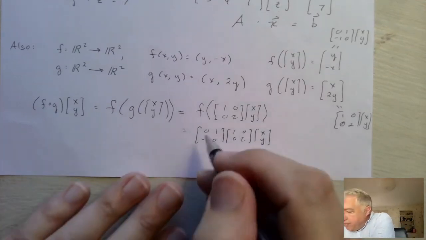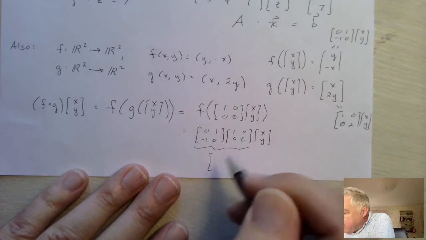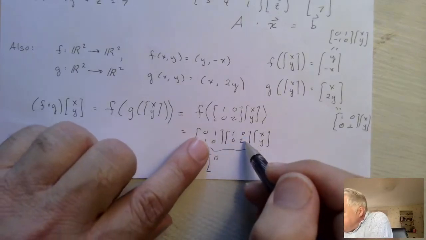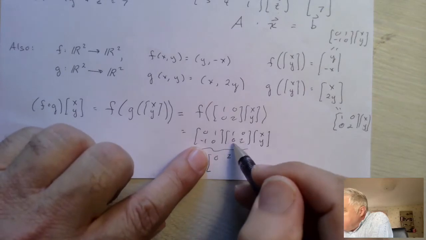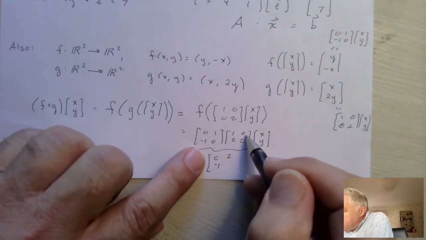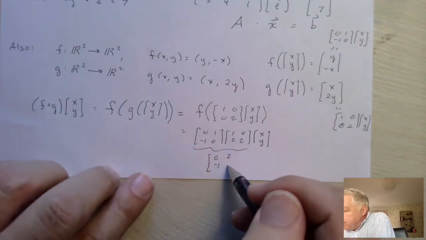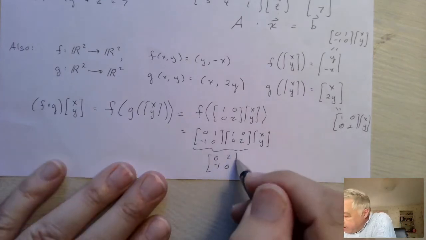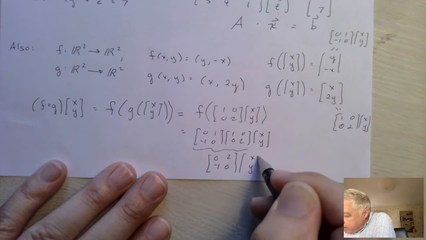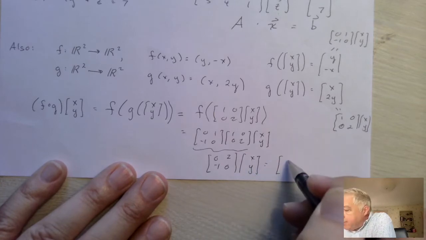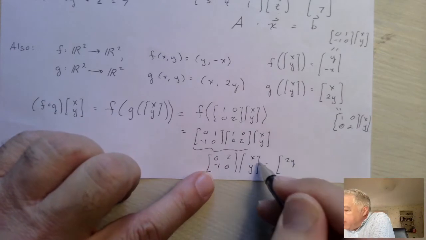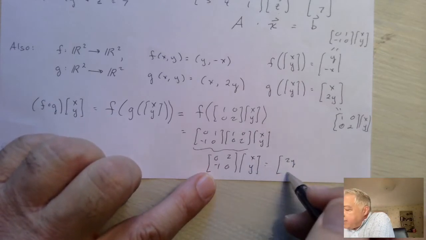If we compute the product, we get 0 plus 2y, and -x plus 0. So this is going to be 2y and minus x.